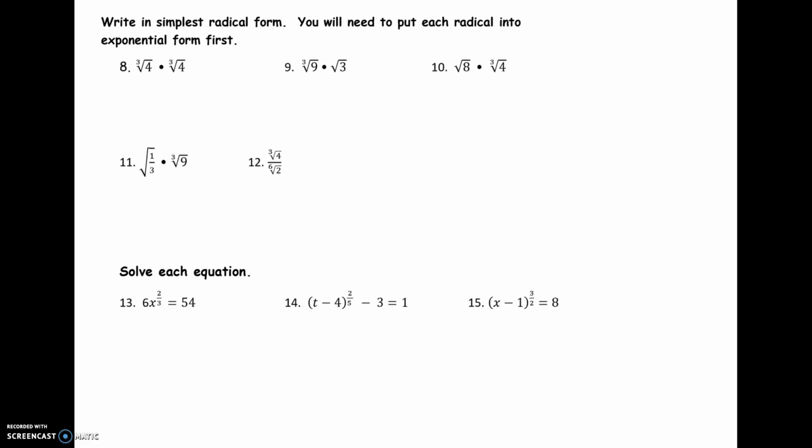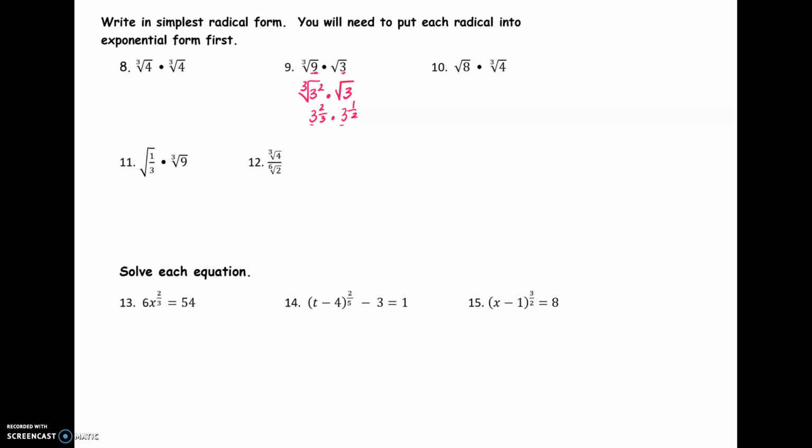I'm going to convert each one into exponential form, but if I look here, I can make 9 have a base of 3 by doing 3 squared. So under this radical now, I'm going to have the cube root of 3 squared times the square root of 3. I'm going to turn the cube root of 3 squared into exponents, which is 3 to the 2/3, and then I'm going to convert the square root of 3 into 3 to the 1/2.